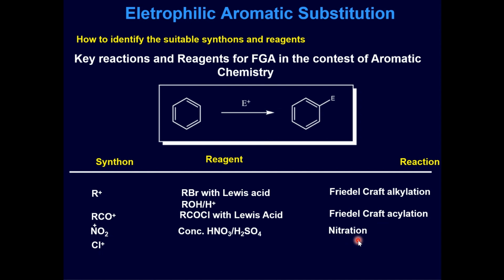Similarly, for halogenation, I take Cl plus as the synthon. What should I use? I should use chlorine along with Lewis acid, and this reaction is called chlorination. If I want bromine plus to be added, I use bromine and Lewis acid, and this is bromination.